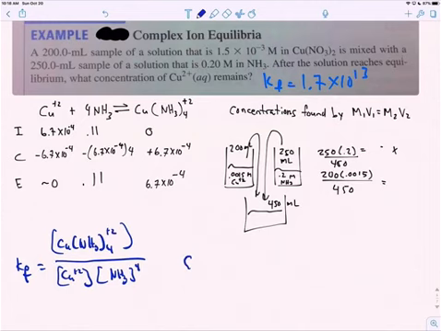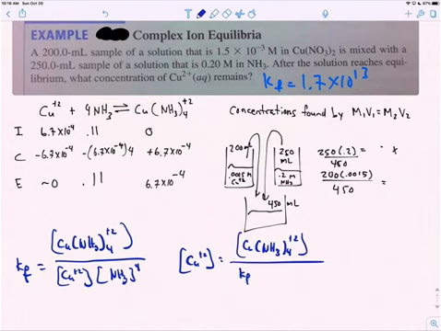The copper 2+ concentration is going to be just the copper ammonia complex all over Kf times NH3 to the 4th. I'm just doing the switcheroo here, right? So these terms can just switch algebraically.